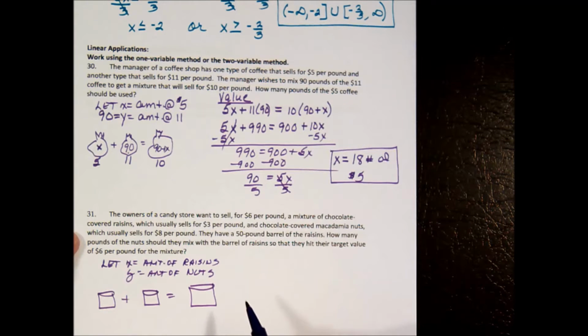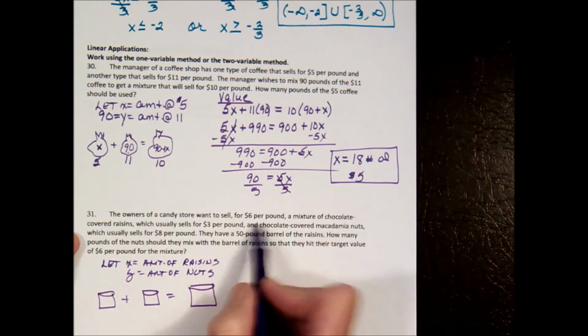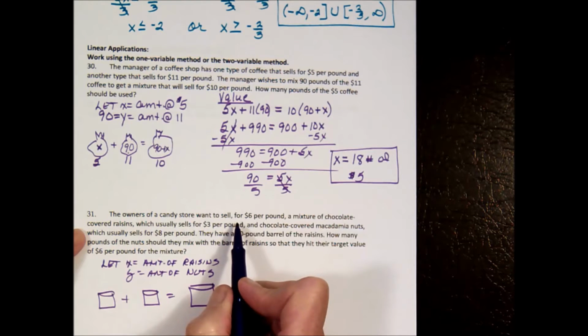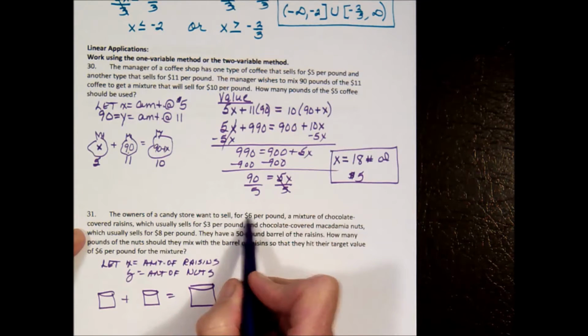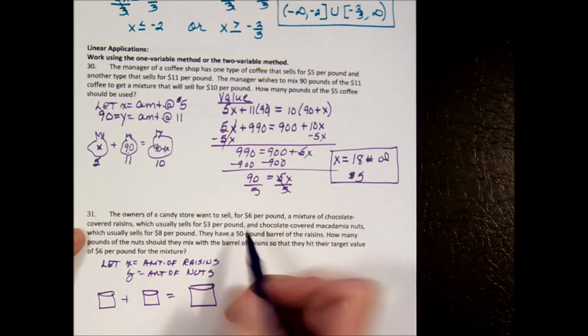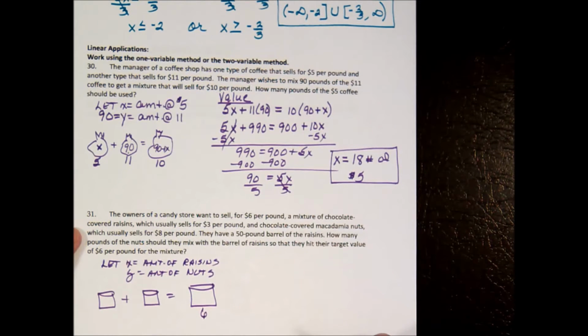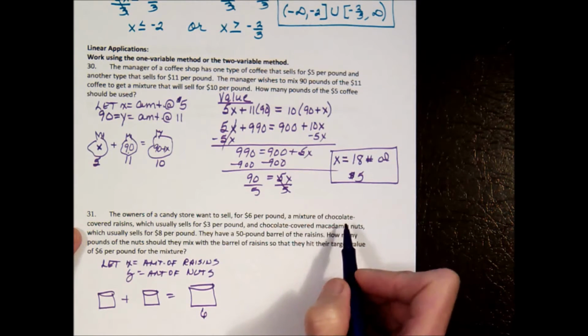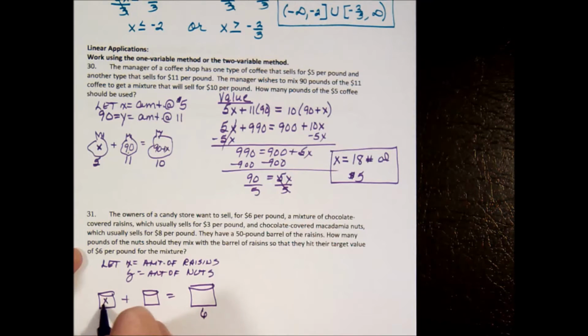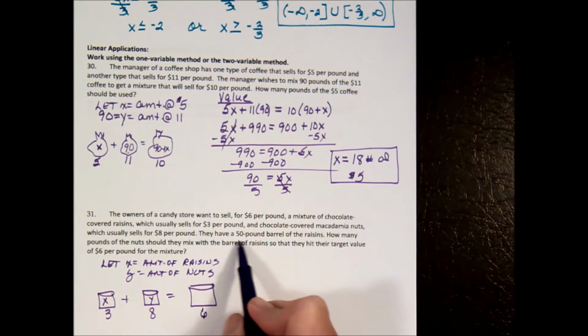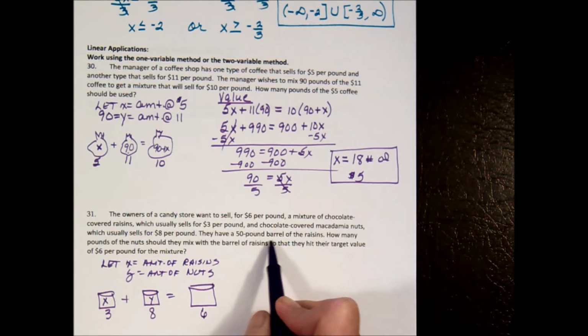Let's see what we know. They want to sell a mixture of both, and they want to sell it at $6 a pound. So I know that's their goal, okay? And they're going to mix the raisins, that's X, which sell for 3, and the macadamia nuts, Y, which sell for 8. But let's look at what they tell us. They already have a 50-pound bag of the raisins. So what do I know?